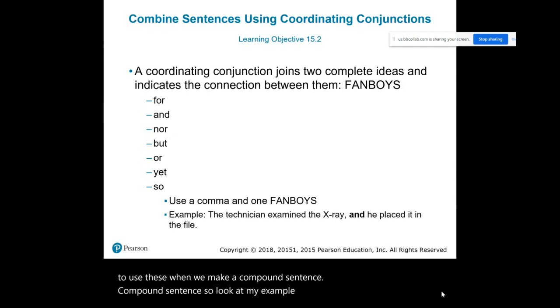The technician examined the x-ray, comma, you see the comma, and is one of the fanboys, okay? And then I have another subject-verb pair, he placed. Technician examined, he placed. It's got 2 subject-verb pairs. This is a compound.